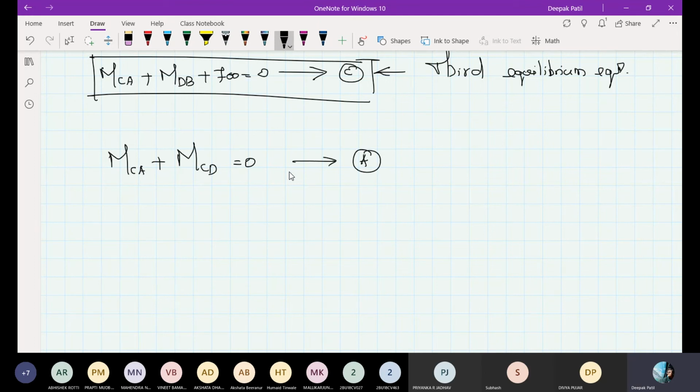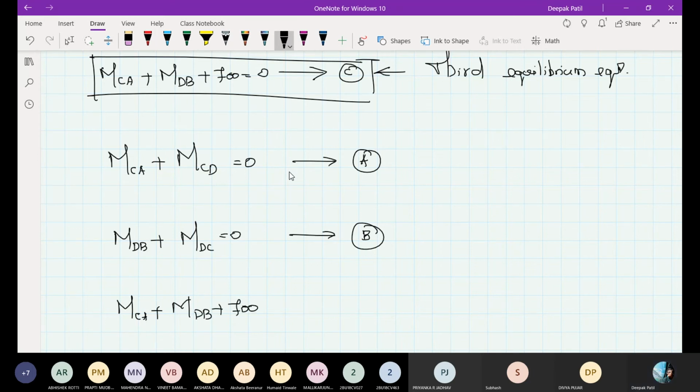The second equilibrium equation is MDB plus MDC equal to 0. And the third equilibrium equation is MCA plus MDB plus 700 equal to 0. This is your third equilibrium equation, right?